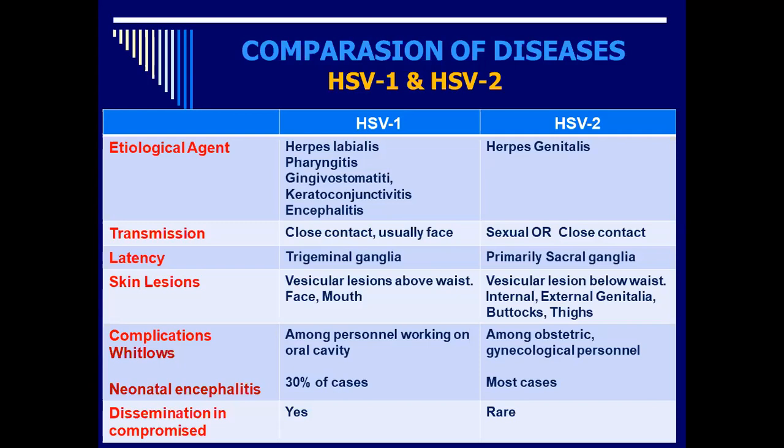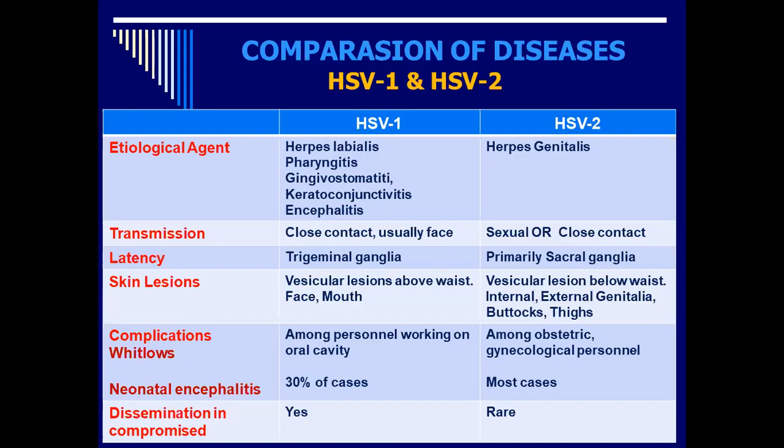Neonatal encephalitis is another complication of HSV1 and HSV2. About 30% of the cases of HSV1 infection have neonatal encephalitis, whereas most of the children who have infection with HSV2 will have encephalitis.